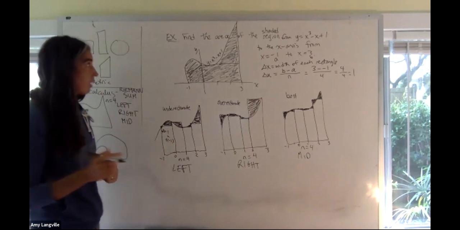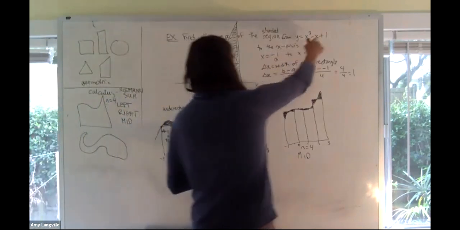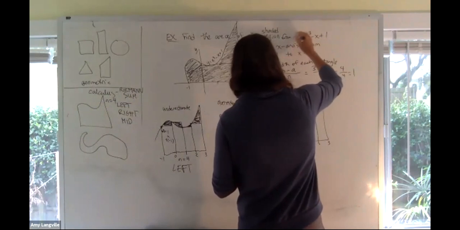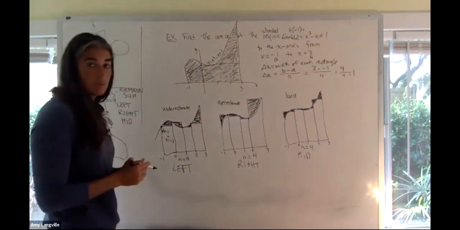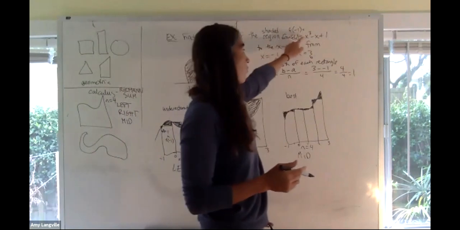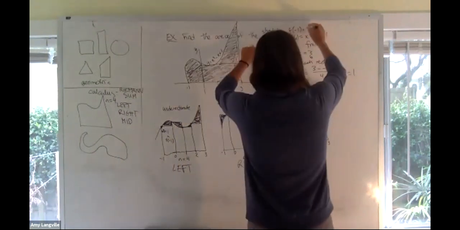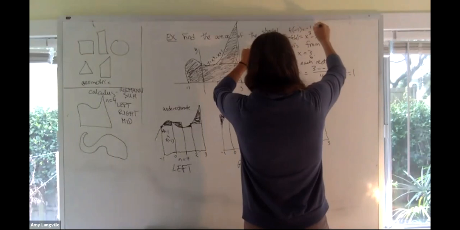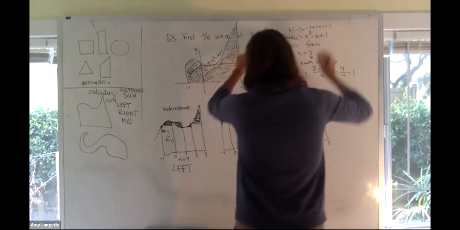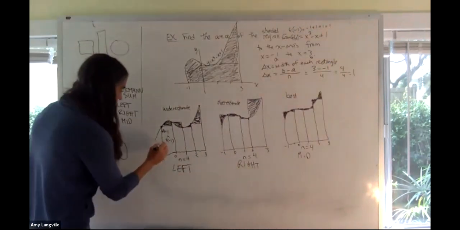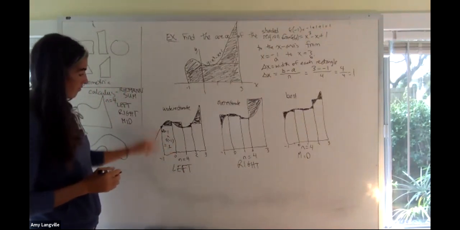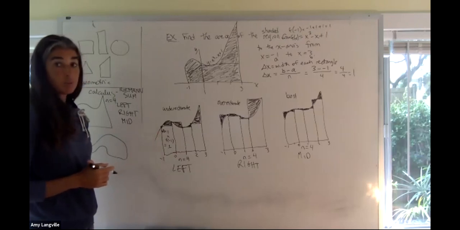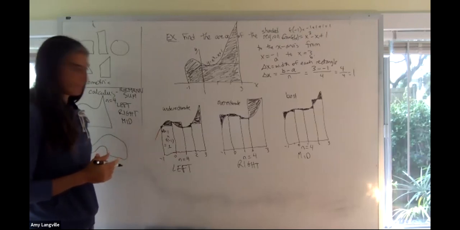Here's our function, y is a function of x. We can also call that f of x. So we need to get f of -1. Well, let's do it while we're here. -1 cubed is -1. -1 times a negative is a +1, plus a 1, so it's a +1. So it turns out that this area is 1 times 1, which is 1. The height is 1 and the area is 1.